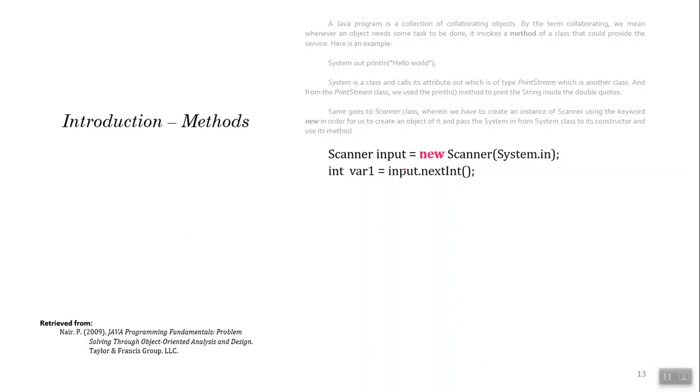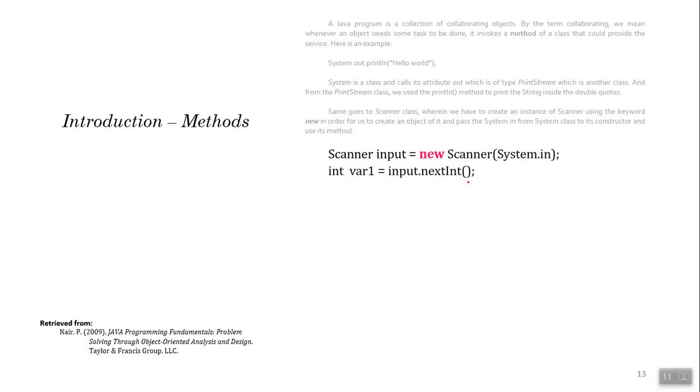Okay, and then here we use the method nextInt, meaning to say that once this instruction is executed, it would halt the process and will wait for the user to enter a number. That's why it's nextInt. This nextInt here indicates that it would halt the process and wait for the user to enter a number.